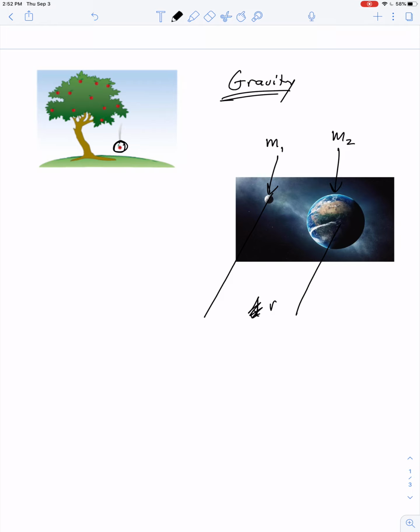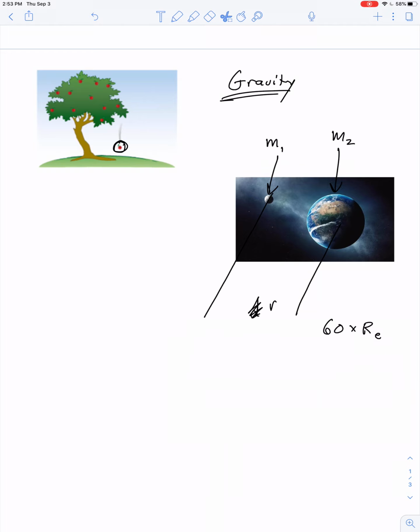It's much smaller in this picture than it really is. The distance between the Earth and the Moon is about 60 times the radius of the Earth. In other words, you could put 30 Earths end to end before you ultimately get to the Moon.